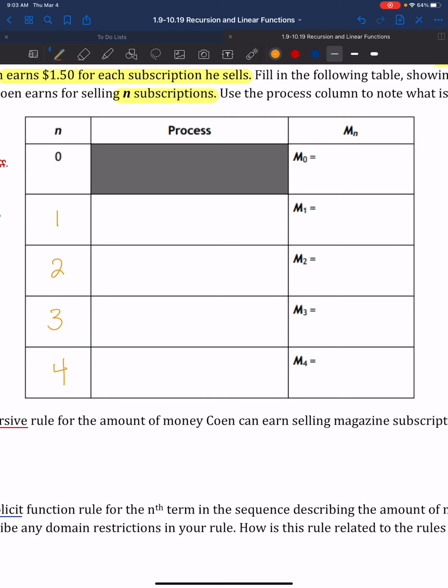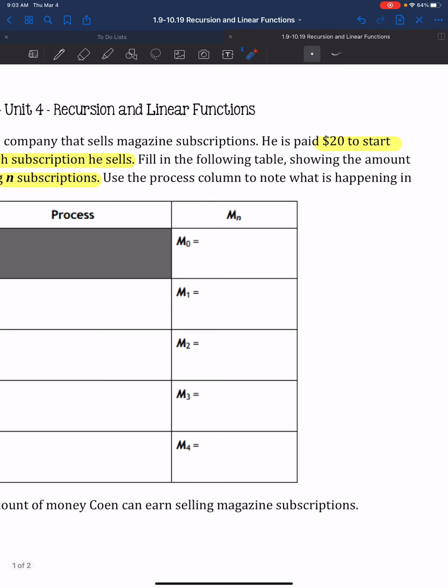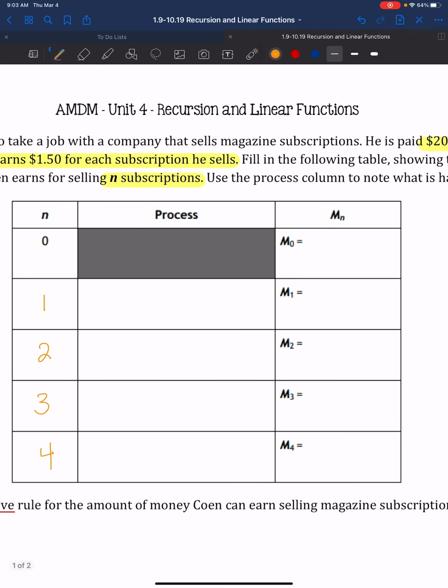Now, for the process, well, we know that he makes $20 to start, right? So we're going to say that he starts with $20, and then he earns $1.50 for every subscription sold. So n represents subscriptions. If we have 0 subscriptions, we would put 0 in for n.